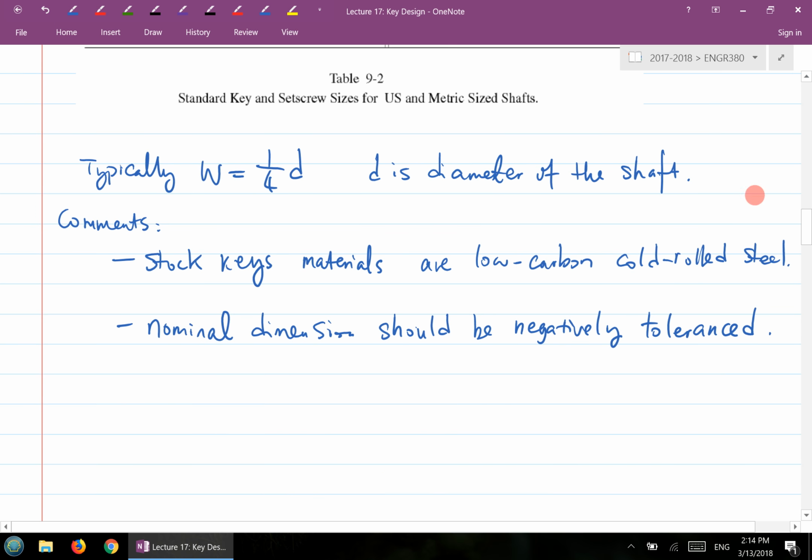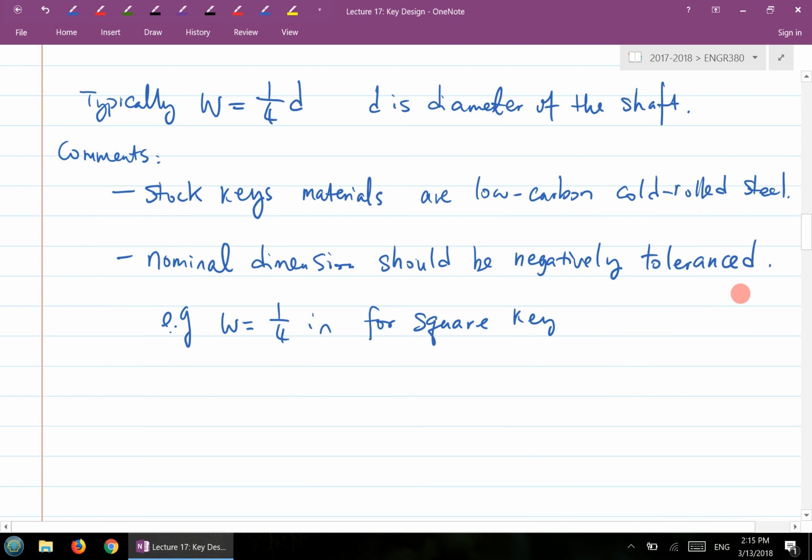Basically, for example, let's say W equals 1/4 inch. So if you pick a square key and you use 1/4 inch for the square key, then you need to put the key into the key seat.